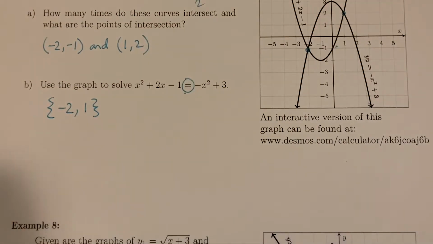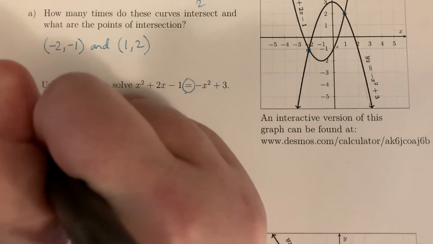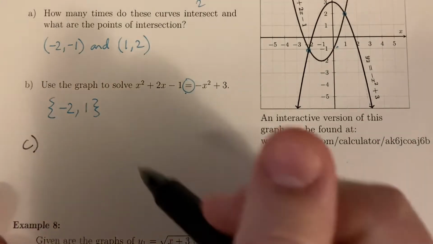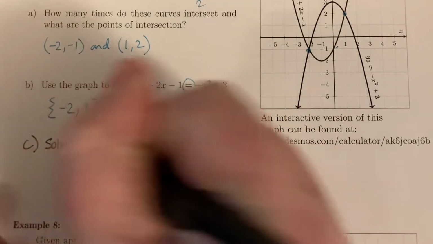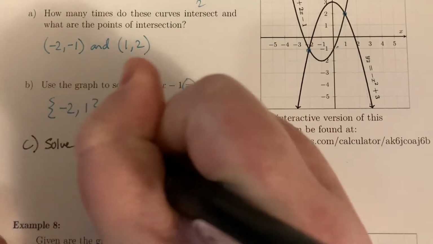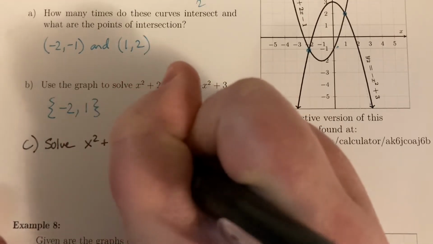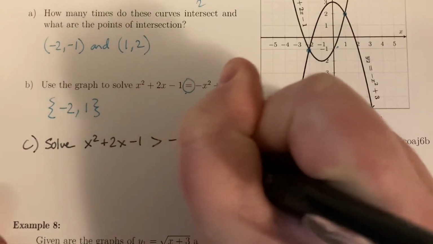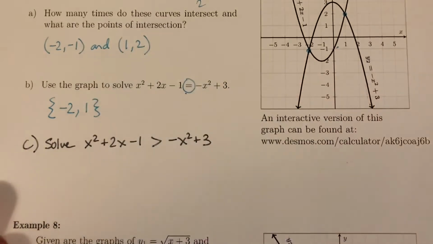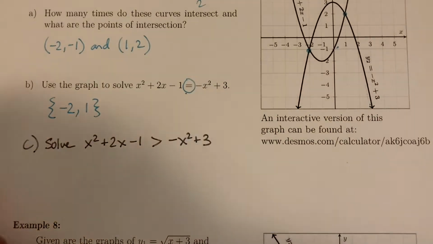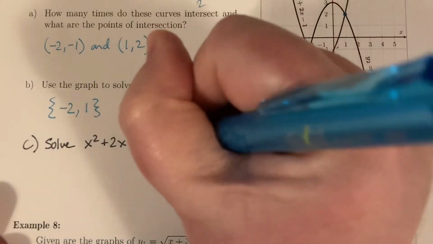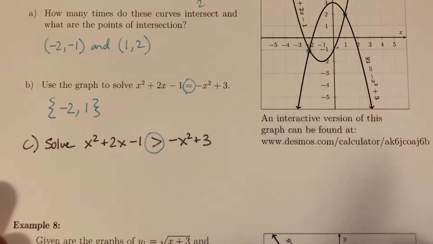So let's try part C. I've got to make it up because I want us to do an inequality as well. So I want us to solve the inequality where x squared plus 2x minus 1 is greater than negative x squared plus 3. I'm using the same formula, basically. I'm just, instead of an equals, now it's a greater than.